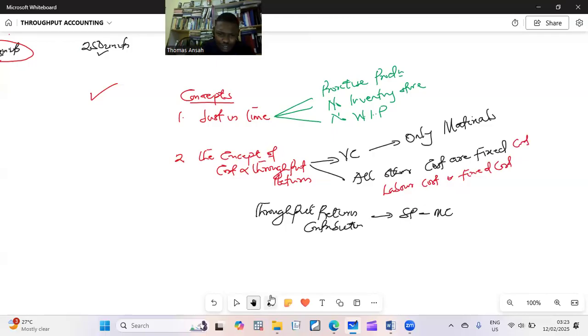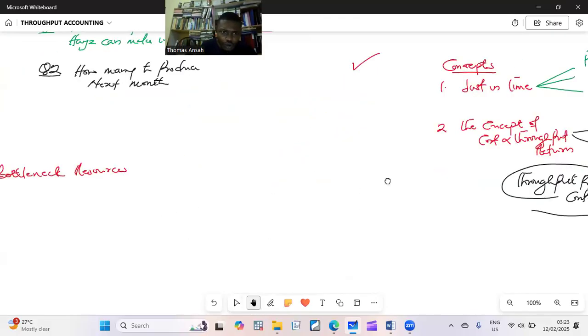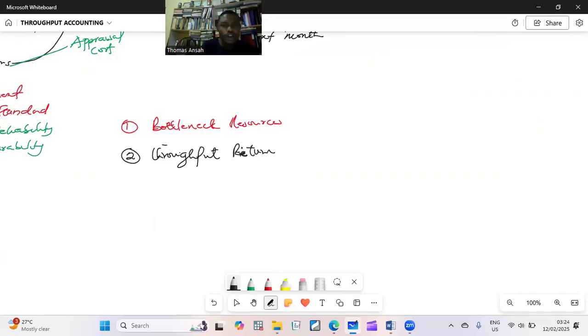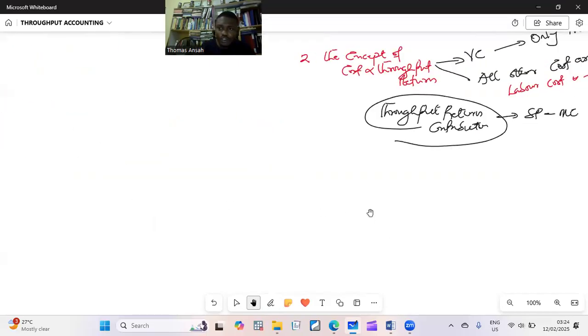So the next thing that you derive from here is the computation of your throughput return. And in doing so, we have explained to you that fixed costs are any other thing apart from material. Take note of that. Very, very important.